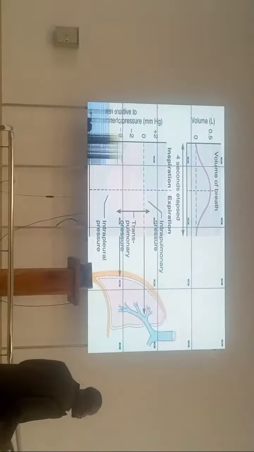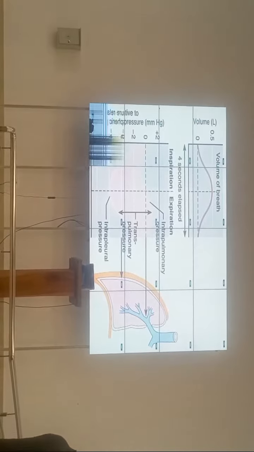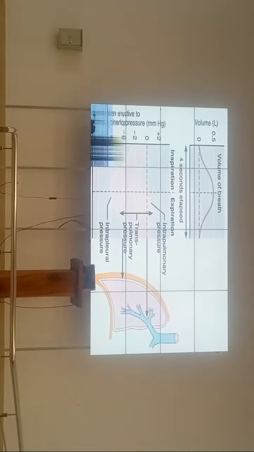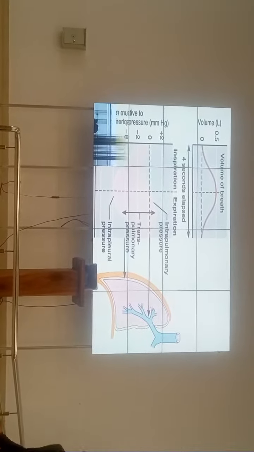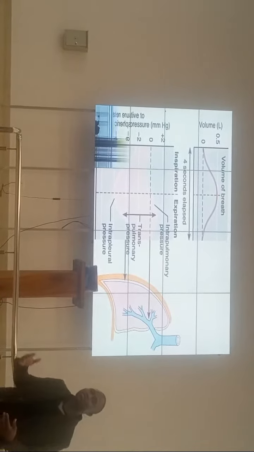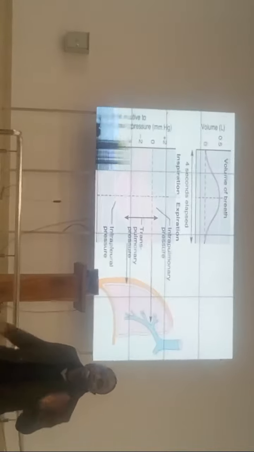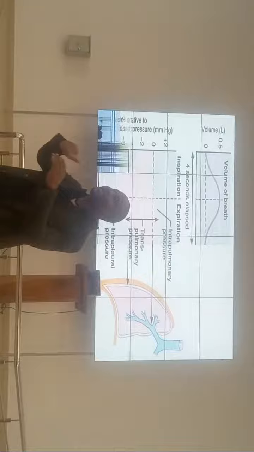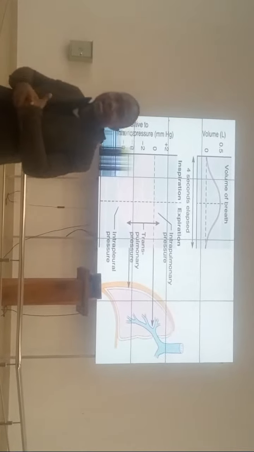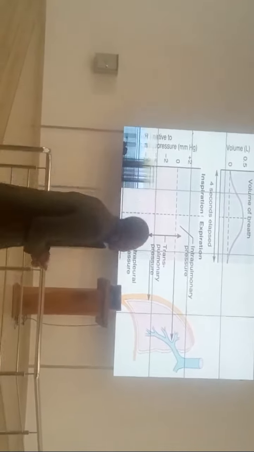When we say -2, we are saying it is 2 less than atmospheric pressure. Atmospheric pressure on average is around 760. So if we say -2, we are saying 760 - 2. If we say +1, we are saying 760 + 1. You understand?